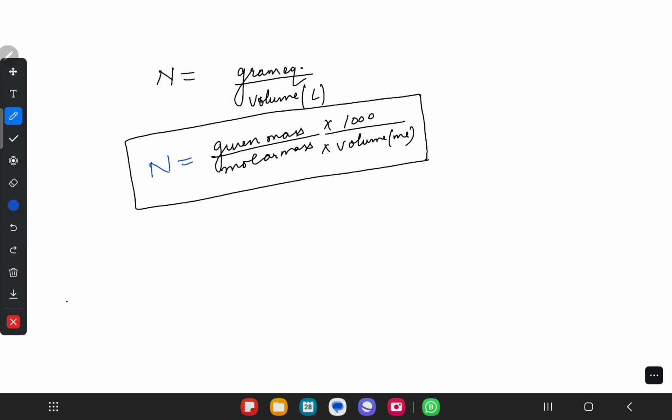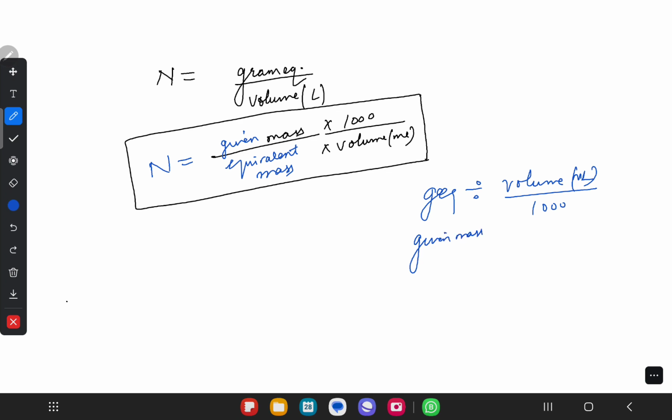Unit mass times, not gram, not molar mass, equivalent mass. Do you understand? That is basically gram equivalents divided by volume. Now, if you take the volume in milliliters, you will have to divide it with 1000.